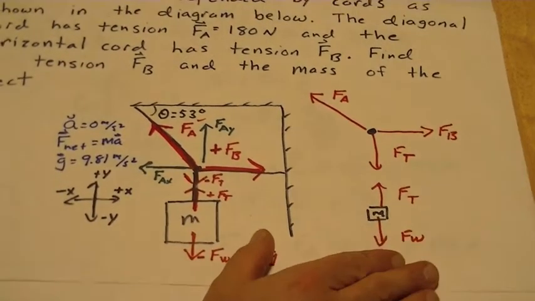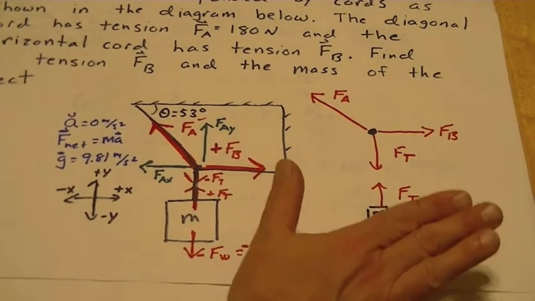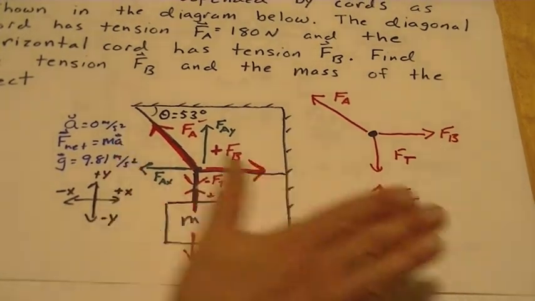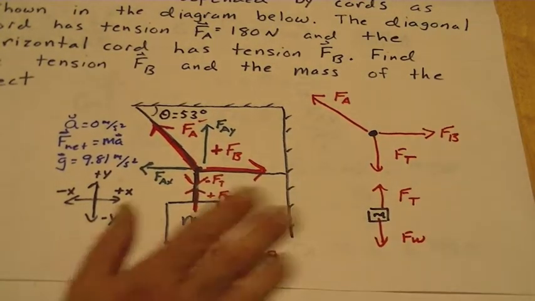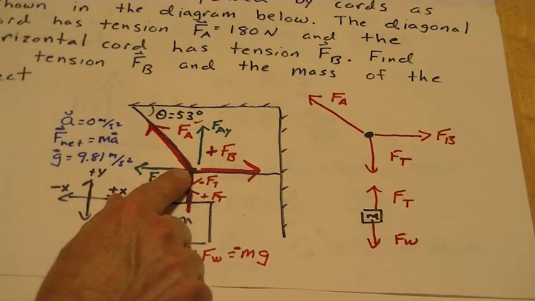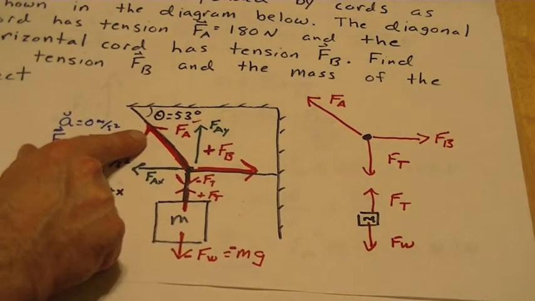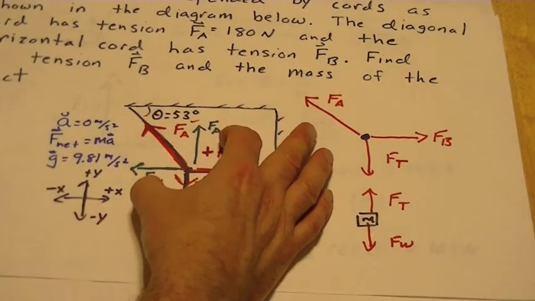Strictly if you're comfortable with that, it's not necessary to make a separate force diagram, but it's useful just pointing that out separately. Now, once I know that, then I had the three forces acting on the point where the string is tied.